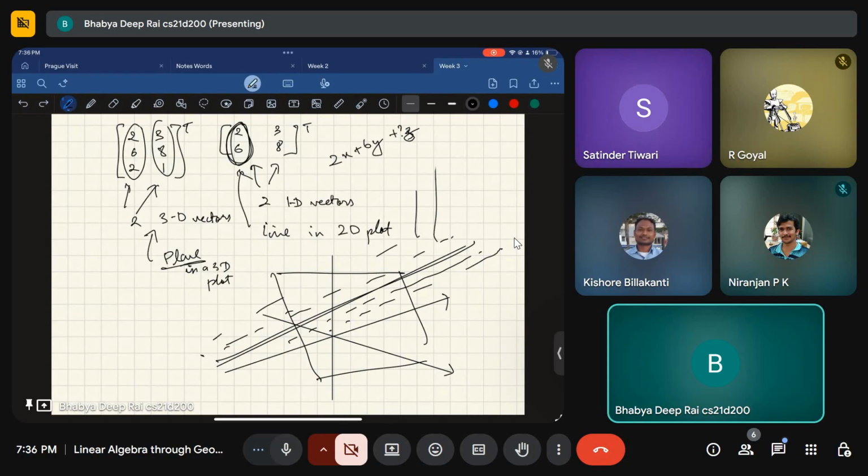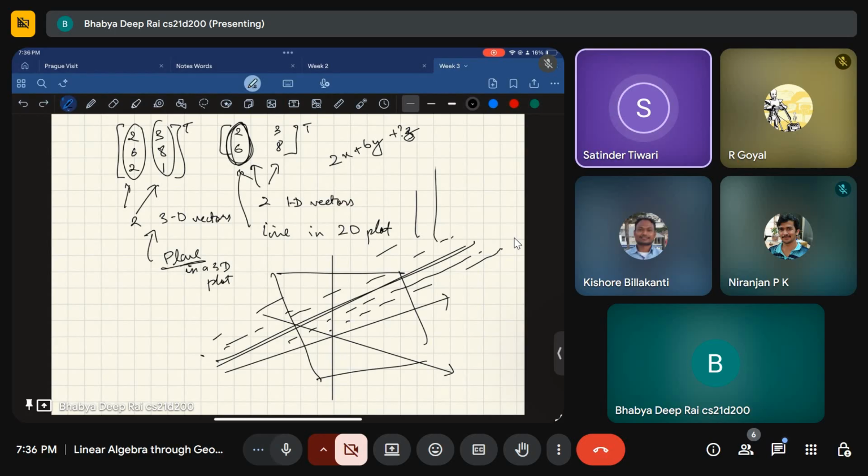Sir, I'm saying, if I'm not going to omit this z coordinate, if I keep it as it is, and now if I take the transpose, then you've done the same thing again. You've done two dimension to one, and then you did a transpose again.